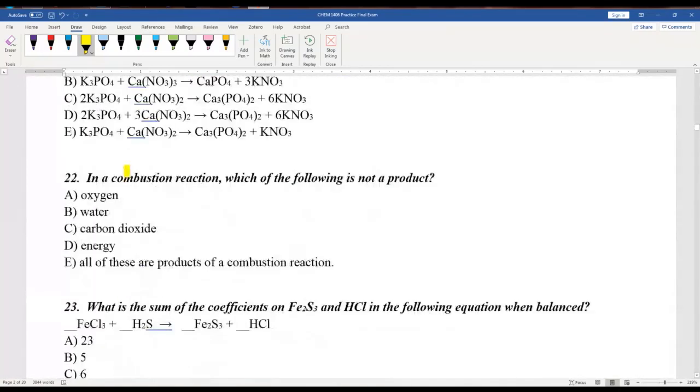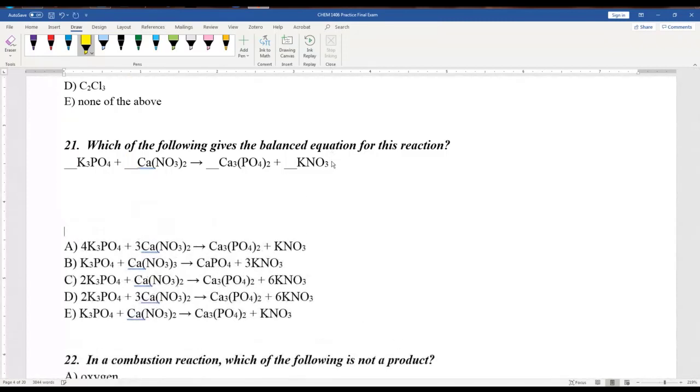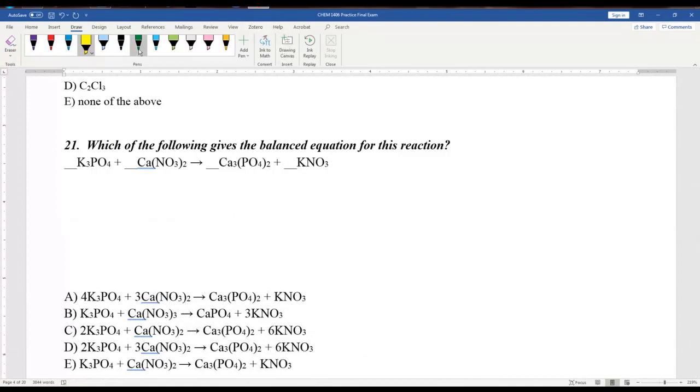Balancing equations. Here we go. So which of the following gives you the balanced equation for this reaction? So if I'm looking at this particular reaction, one of the things that I like to do is to list out my elements here.